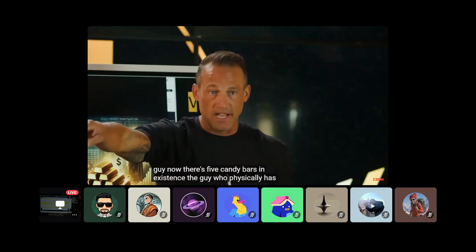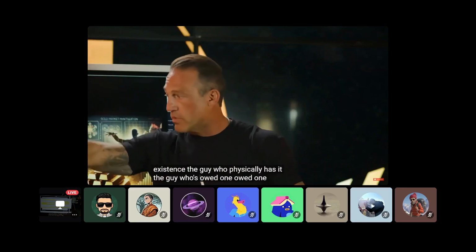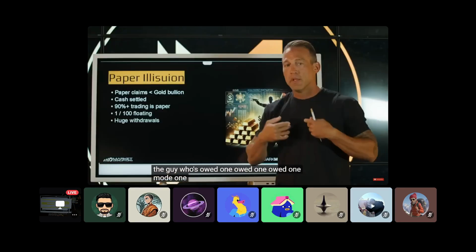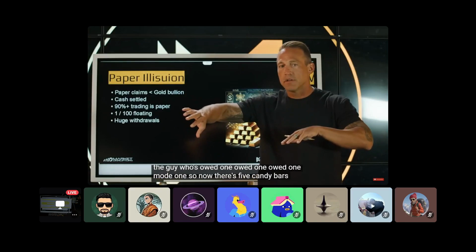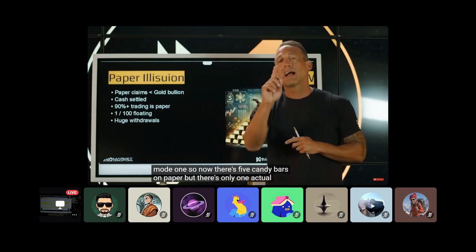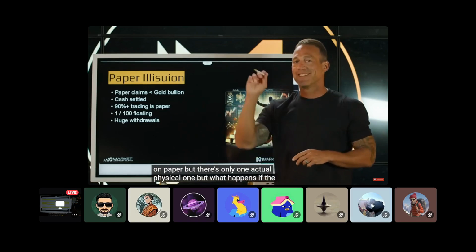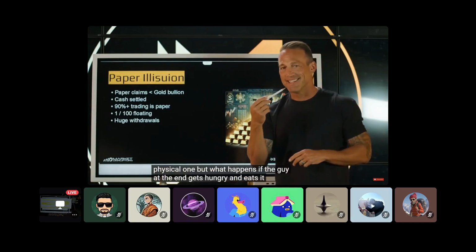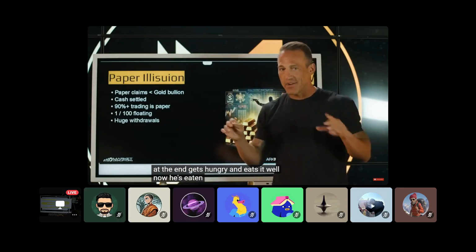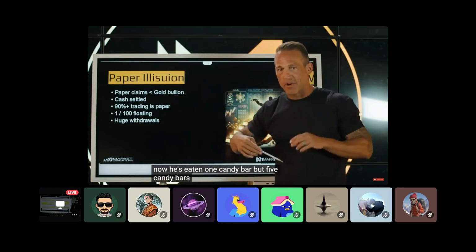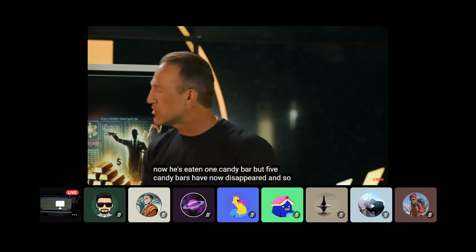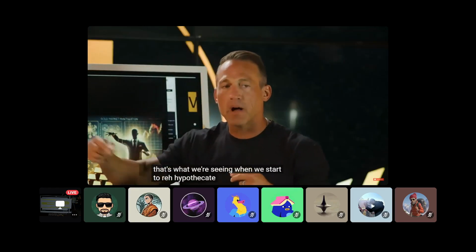The guy who physically has it, the guy who's owed one, owed one, owed one, I'm owed one. So now there are 5 candy bars on paper, but there's only one actual physical one. But what happens if the guy at the end gets hungry and eats it? Well, now he's eaten 1 candy bar, but 5 candy bars have now disappeared. And so that's what we're seeing when we start to rehypothecate this gold.